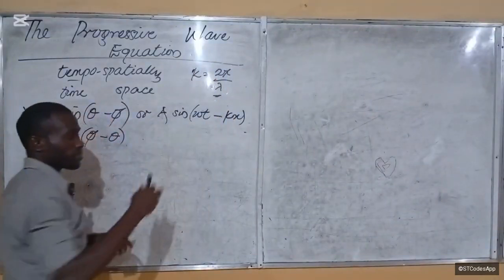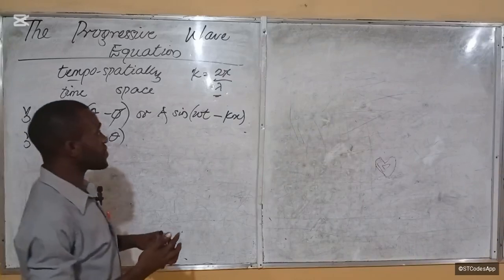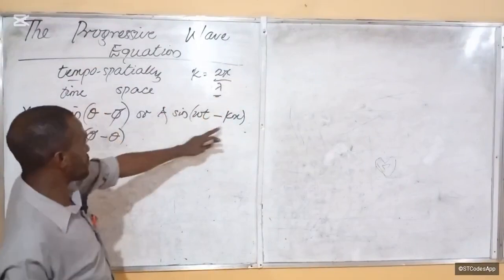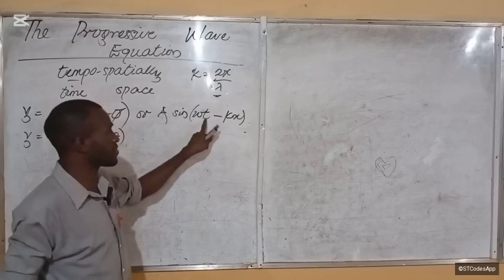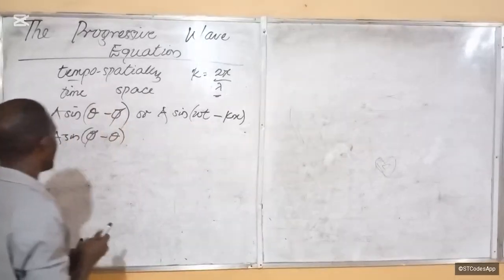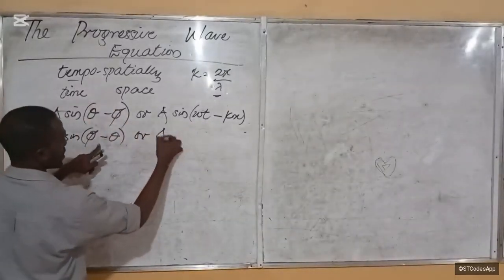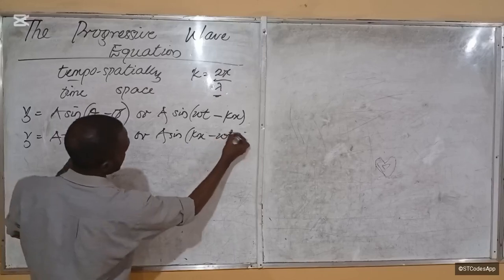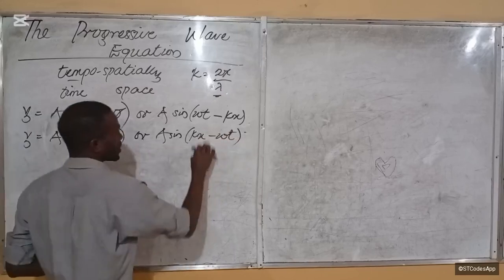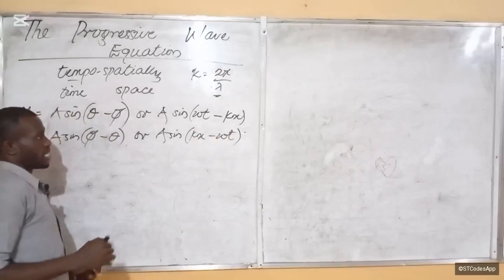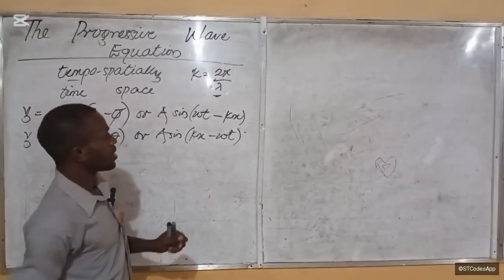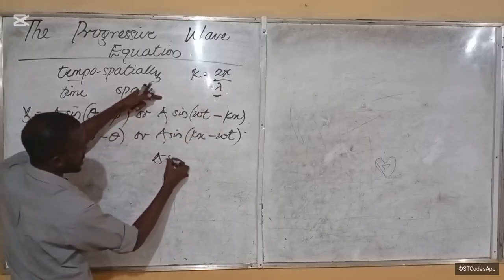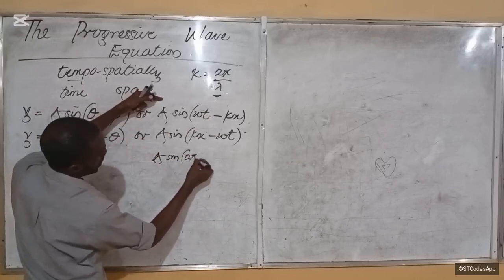This is the phase that is defined by space, and this one is the phase that is defined by time. So this could also be written as a sine of kx minus omega t. So these are the two forms that might be confusing us. Keeping in mind that this can be transformed into a sine of 2 pi ft.